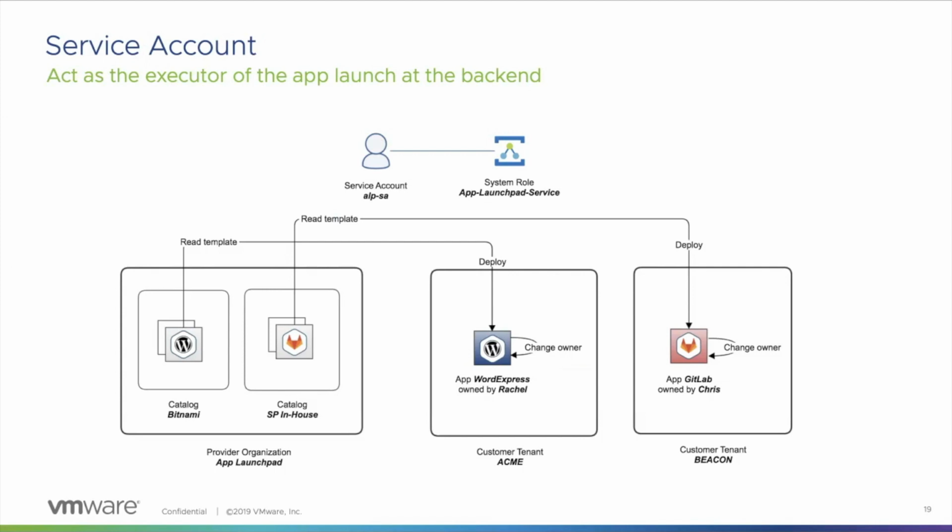So if I'm a VApp user and I don't have the required permissions to use App LaunchPad, I can still get the same experience with App LaunchPad because of this service account on the back end. So it's actually the service account that is reading the templates from the App LaunchPad organization and provisioning them as new VApps in the customer's tenancy.